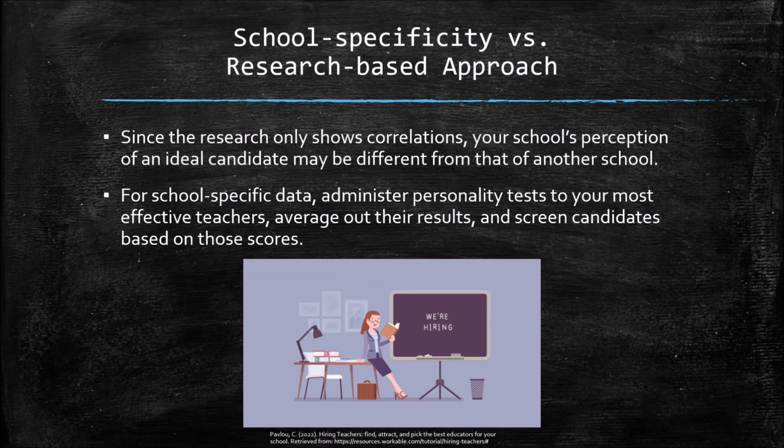Really every trait besides agreeableness, you just want them to be positive. You want someone as high in openness as you can get, as high in extroversion as you can get, neuroticism as low as you can get, and conscientiousness as high as you can reasonably get with all things considered.